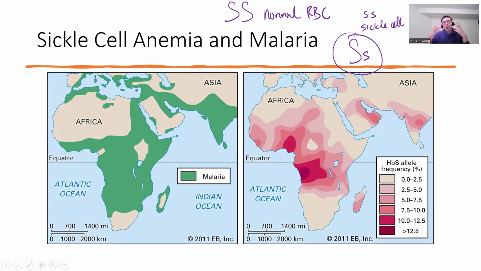You don't have the symptoms of sickle cell anemia. You're fine. And at the same time, it gives you protection from malaria. So that's why this kind of genotype is very popular in places where malaria is prevalent, because it offers them protection. And evolution has selected that as an adaptive trait for people who live in those regions.